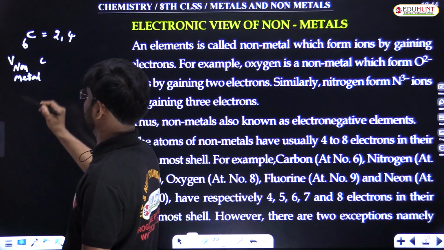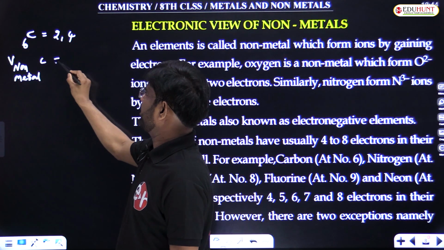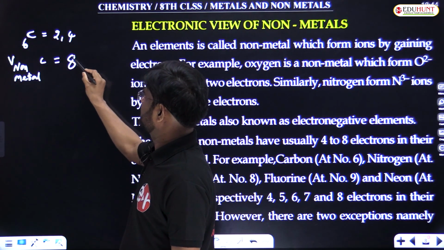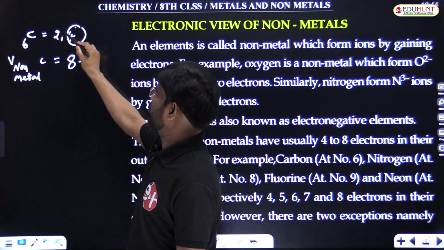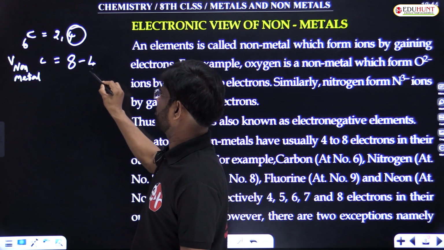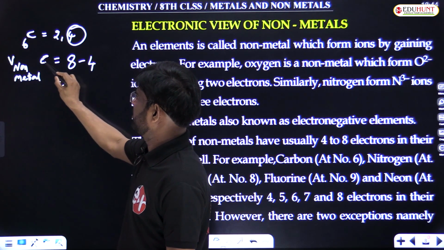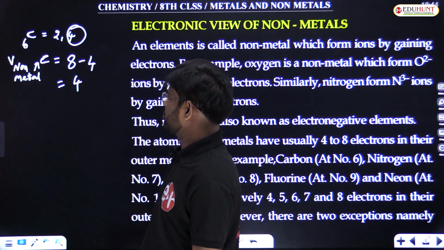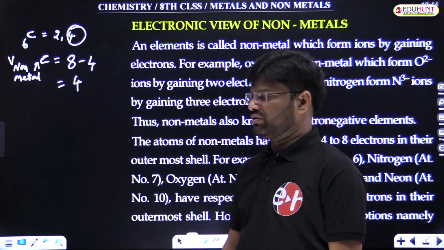Here carbon is the non-metal. To find the valency of a non-metal, 8 minus the outermost electrons. These are the outermost electrons, 4. So 8 minus 4 is 4. The valency of carbon is 4.